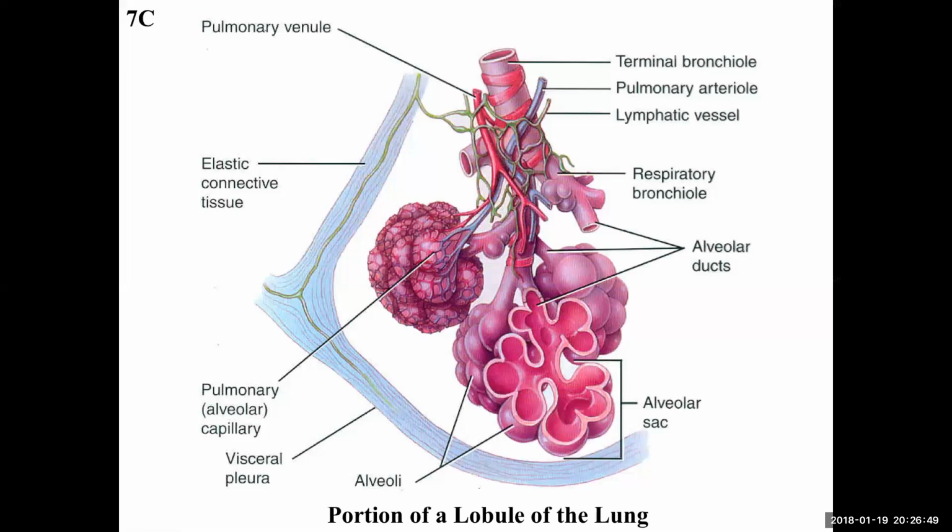And then there's going to be one venule. Where is that labeled here? The pulmonary venule, we see that is going to be leaving the lung lobule, and the venule will become a pulmonary vein, eventually.